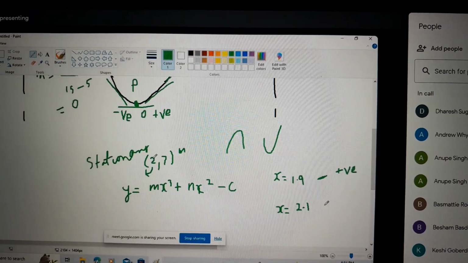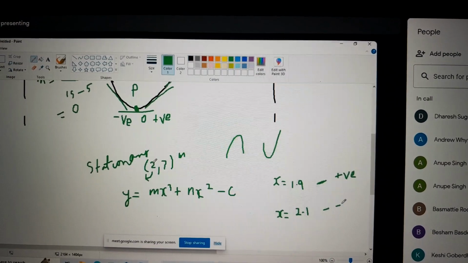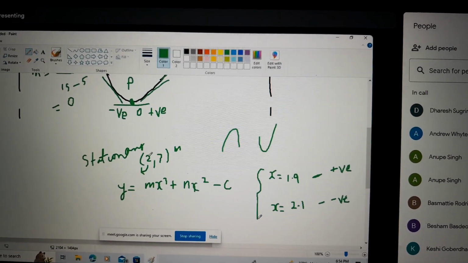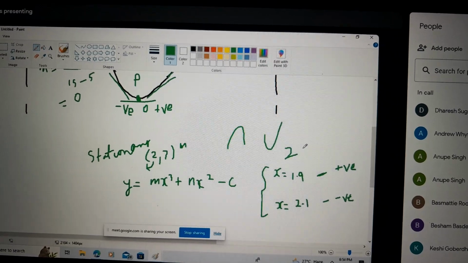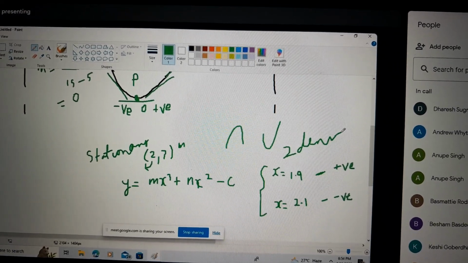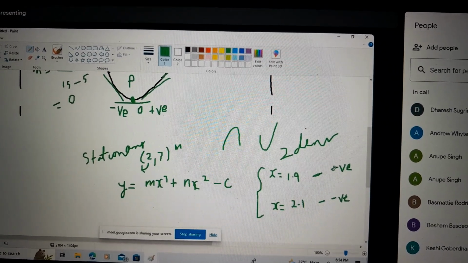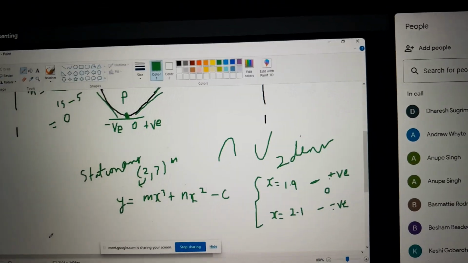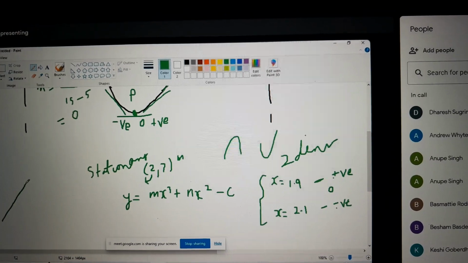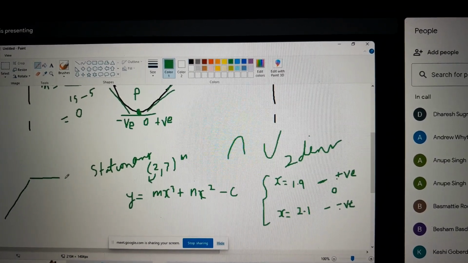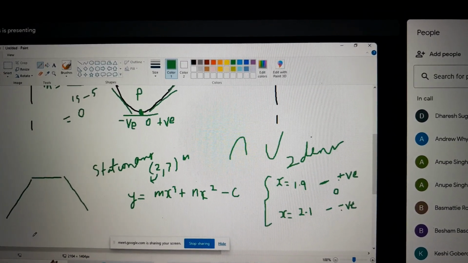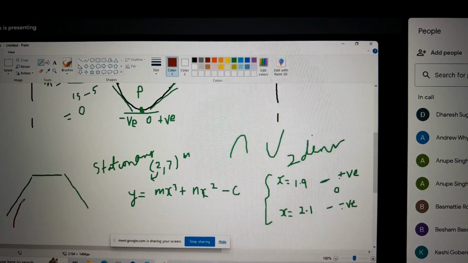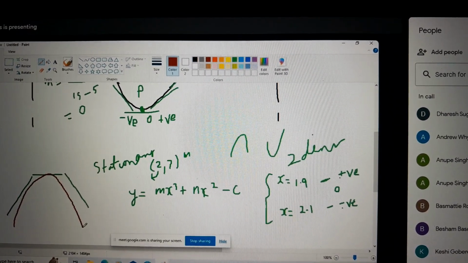And x is equal to 2.1, I get a negative value. This is for my second derivative though. Then if I start from a positive to 0 to negative, positive to 0 to negative, as you can see what fits in there, a maximum point.